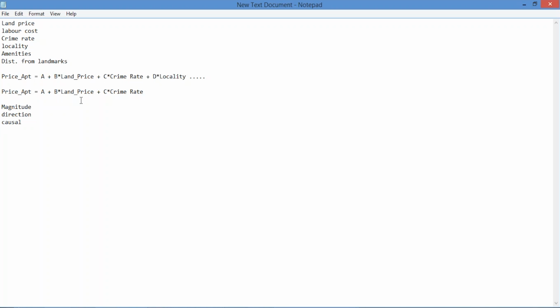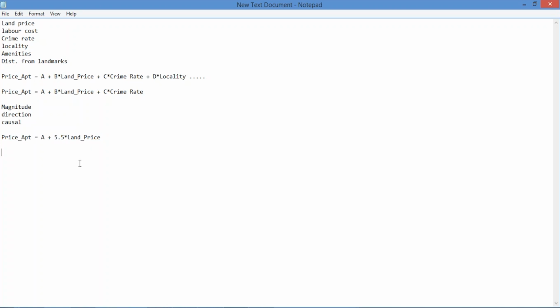Let me make it even simpler. Price of the apartment equals A plus, let's say 5.5, just a random number, times land price. I have sliced off the crime rate, so I'm taking only this. A is the base, this is my coefficient, and this is my land price. So how do you interpret this, friends?